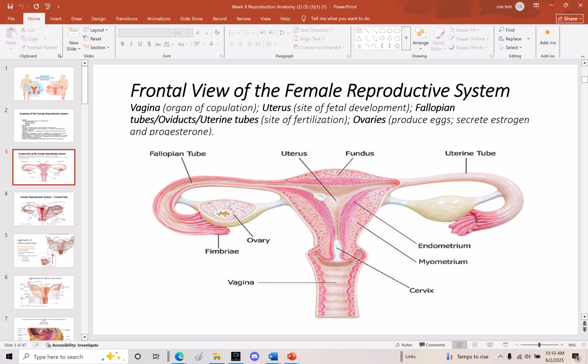When you're having your menses, the discharge is the endometrium coming out, along with little blood tissue. That's why you have the blood loss with the menses, because of the little pieces of material that come from the endometrium.